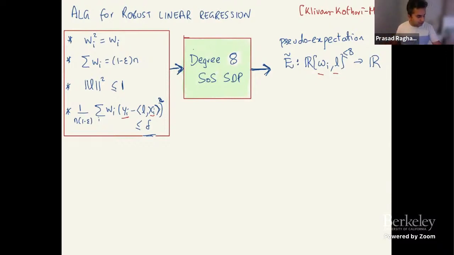Okay, so we get a whole bunch of pseudo expectations of all of the monomials, and the algorithm is really simple.